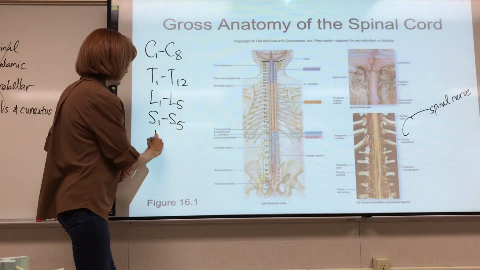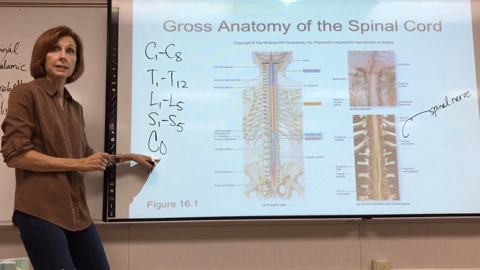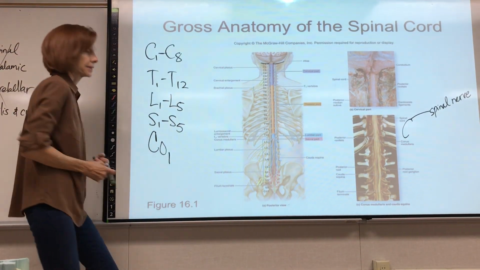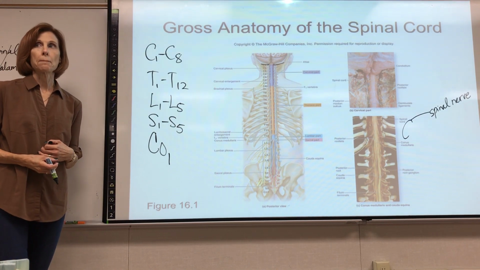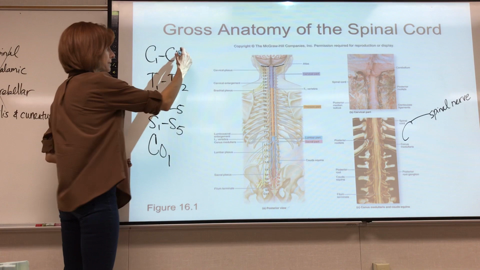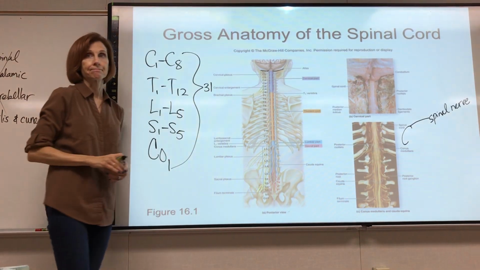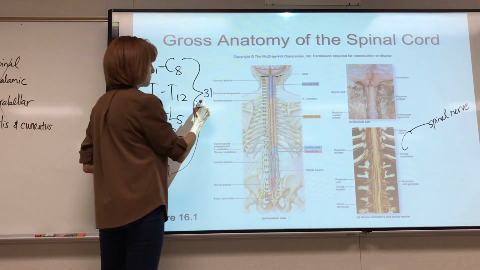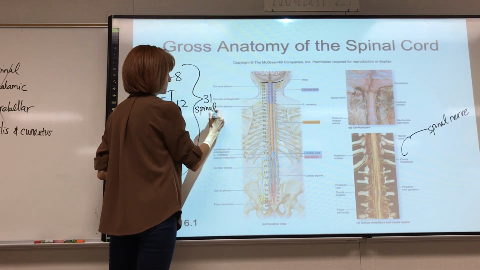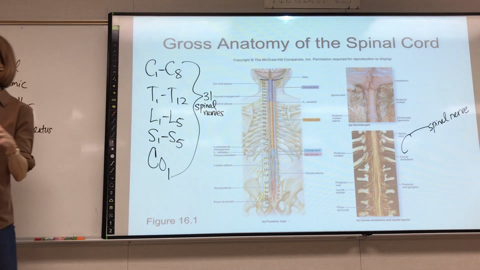That is abbreviated CO for coccygeal 1. So one pair of coccygeal spinal nerves. Altogether, this gives us 31 pairs of spinal nerves, and they are all mixed.